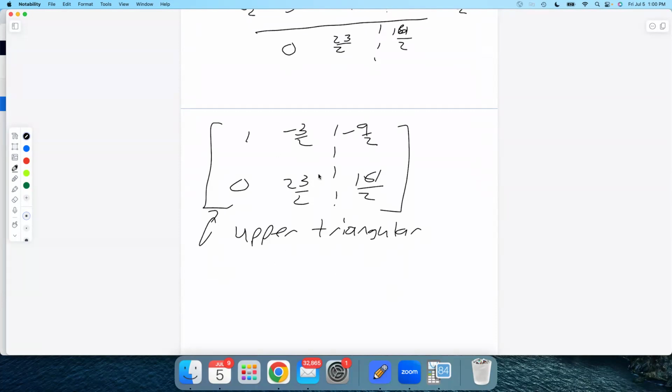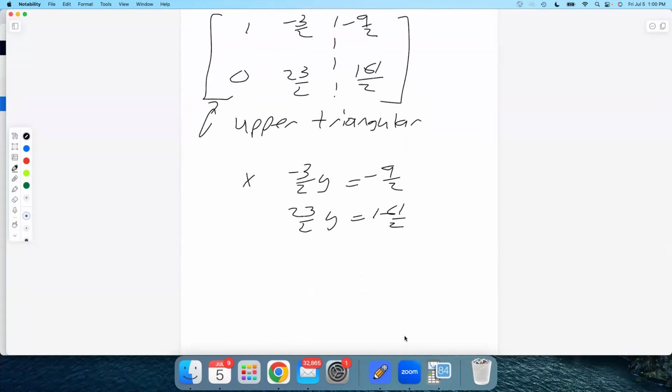This right here, if I were to write this out, says x minus 3 halves y equals negative 9 halves, and 0x plus 23 over 2 y equals 161 over 2. So if we were actually solving this in the real world, we don't have to do all the other stuff I'm going to do here. Just solve this for y.